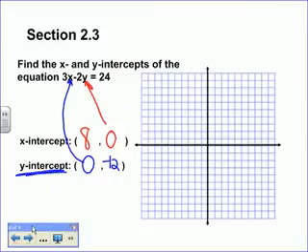So if we wanted a quick way to graph that, we could just use our intercepts. The x-intercept was 8, 0. The y-intercept was 0, -12. I'm going to be a little off the board here. And this would be, just draw a real rough line here. That would be our line with an x-intercept of 8 and a y-intercept of -12.